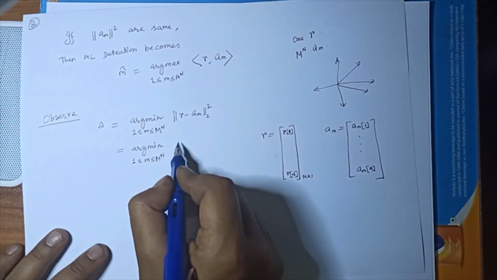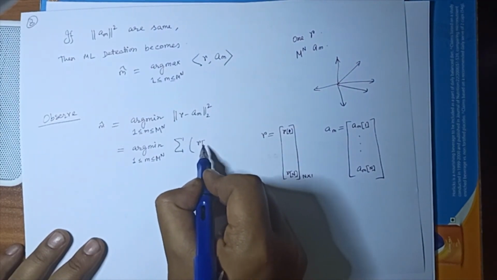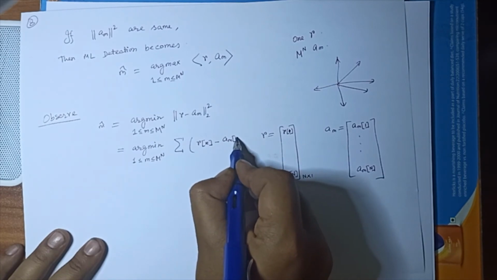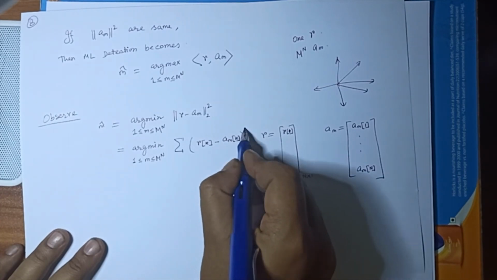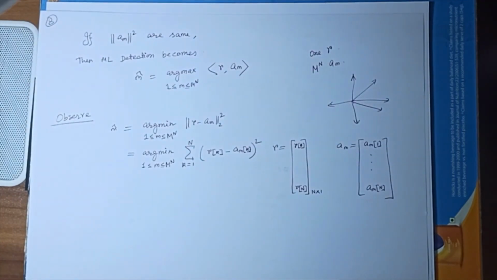So I can write it as the summation of rk minus amk squared, k equal to 1 to n. That's the 2 norm. So the expansion is like that.